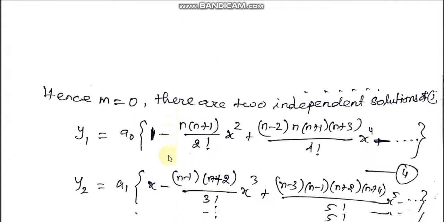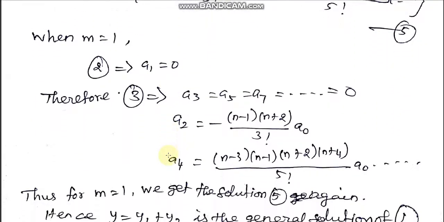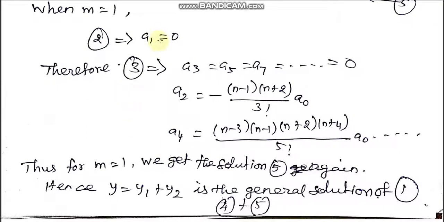So next we can consider the value of m as 1 and substituting this m equal to 1 in equations 2 and 3, 2 gives you a1 equal to 0 again, and 3 gives a3, a5, a7 values as 0 and a2, a4, a6 values in terms of a0.